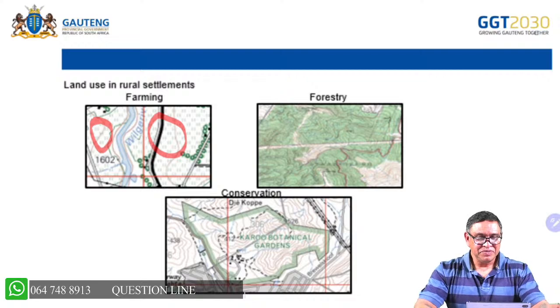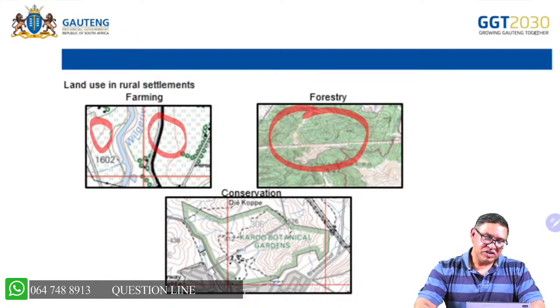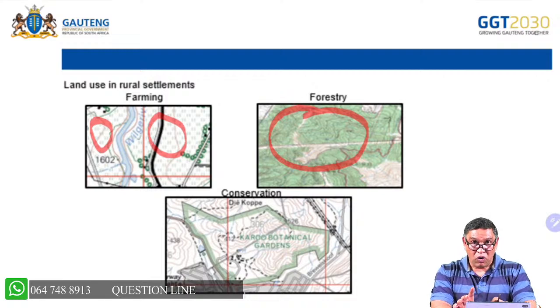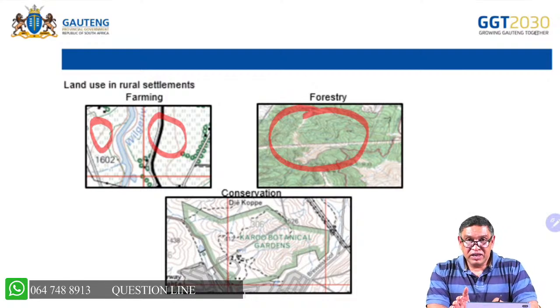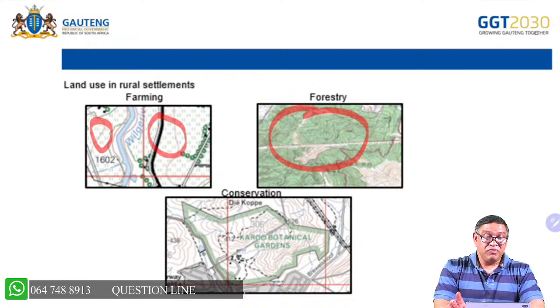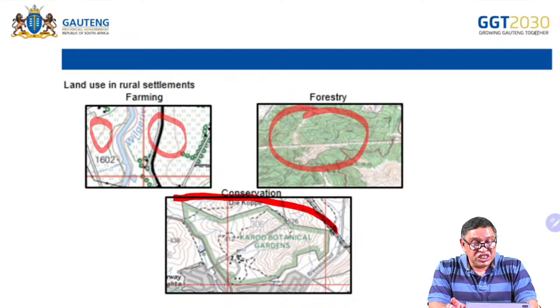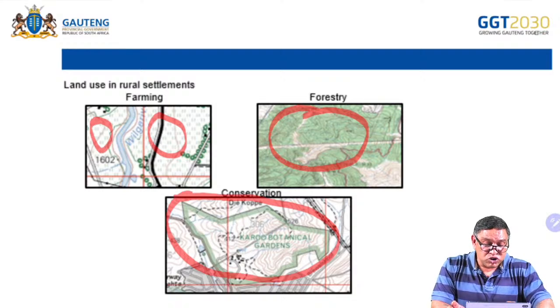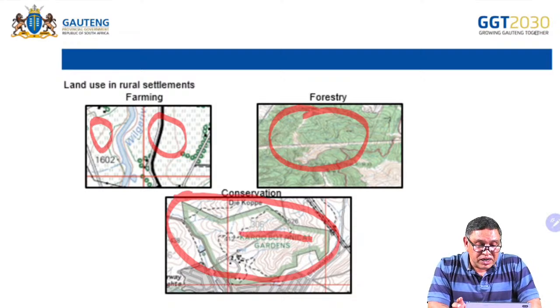Crop farming. Forestry: I've got this image a little blurred, but somewhere along the line it mentioned a sawmill. So we know forestry. Conservation: we're looking at protected areas, and it's also got the Karoo botanical gardens.